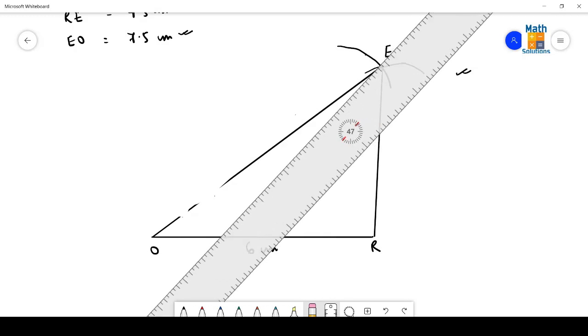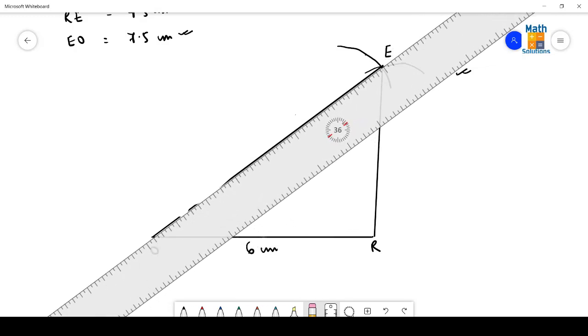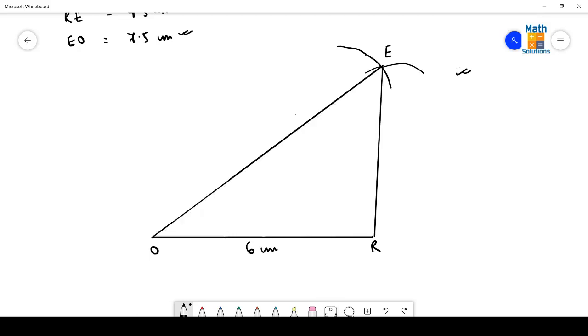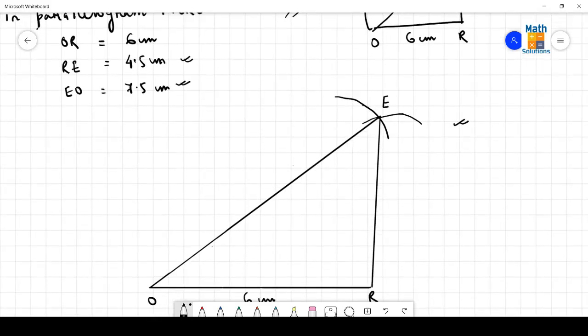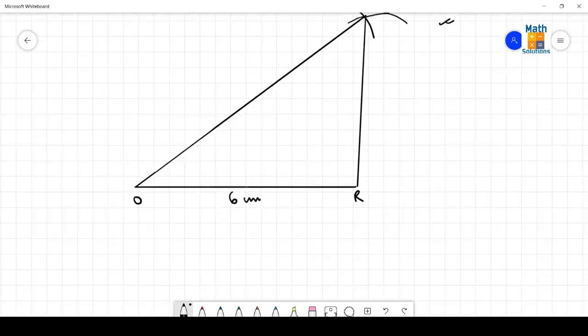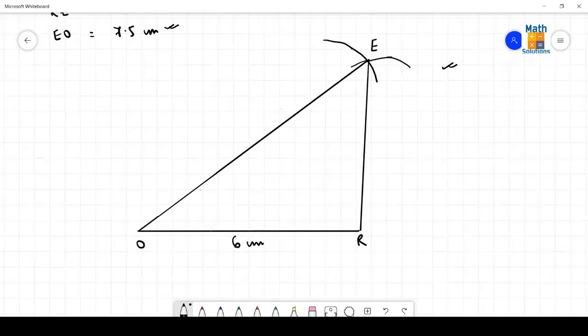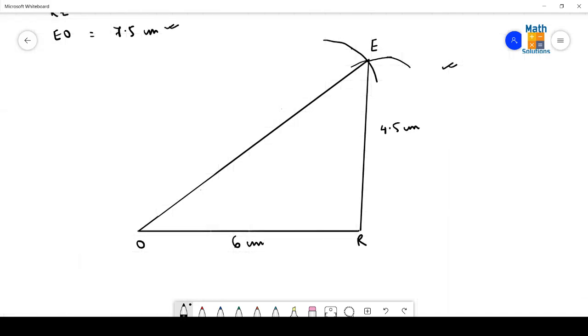Again, taking O as the center and E as the center, another two arcs I have to draw, which will be intersecting each other at another point, say M. Now here this measurement ER is given to be, let us check once, ER or RE, the measurement is given to be 4.5. So let us write here 4.5 centimeter.